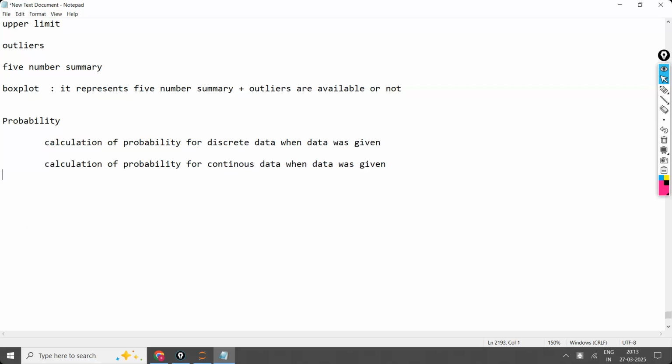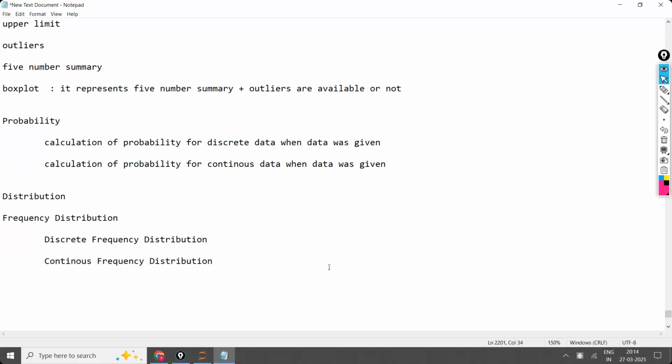After this I explained the distribution: what is meant by distribution for continuous and for discrete variables. From there I went to the frequency distribution. In the frequency distribution, I told you about continuous frequency distribution and discrete frequency distribution. First we covered the discrete frequency distribution and then the continuous one.